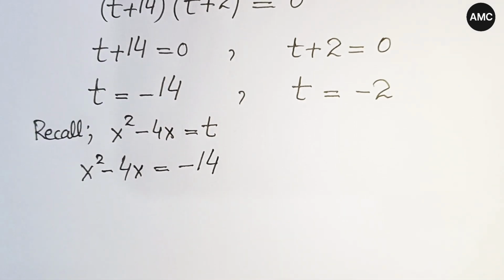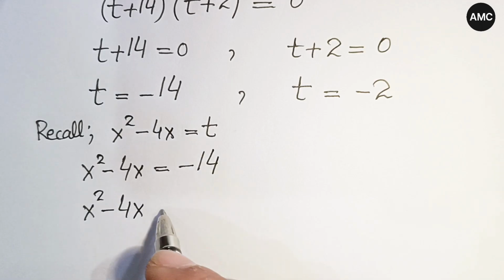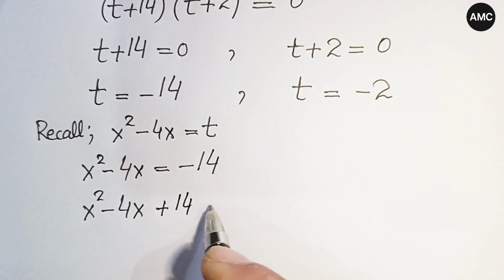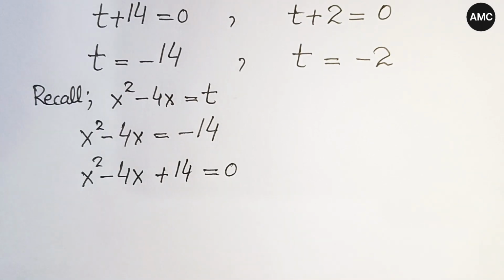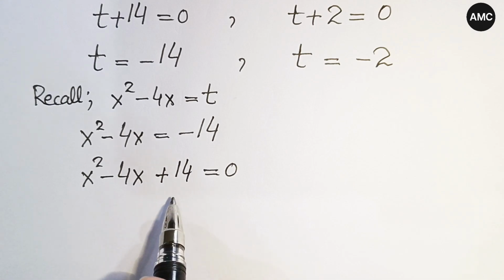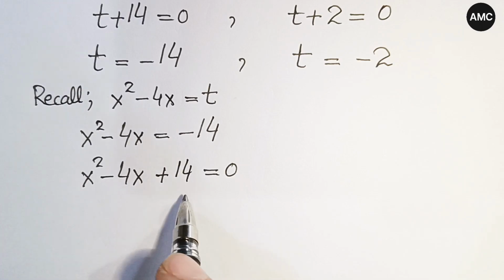Now shifting this, we have x squared minus 4x plus 14 is equal to 0. Now here we can solve this by using the completing the square method.